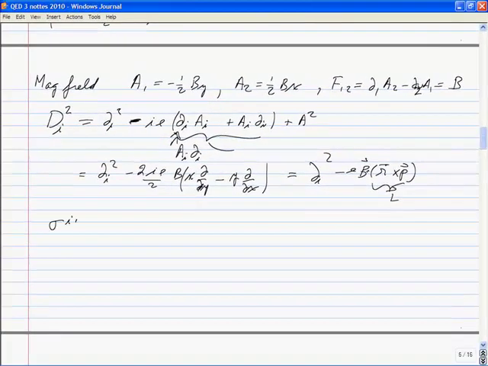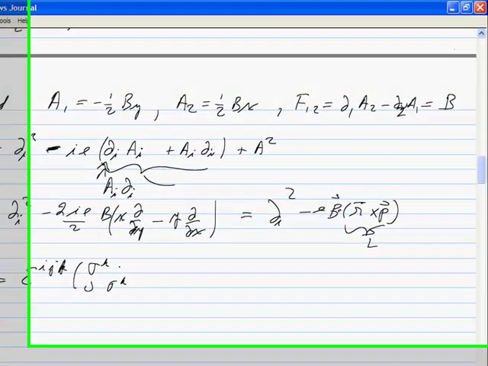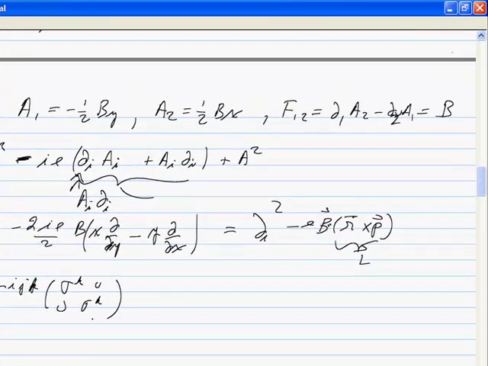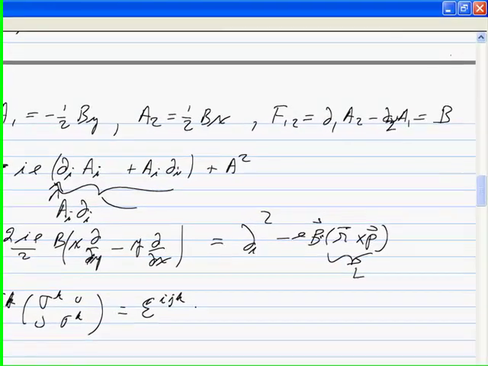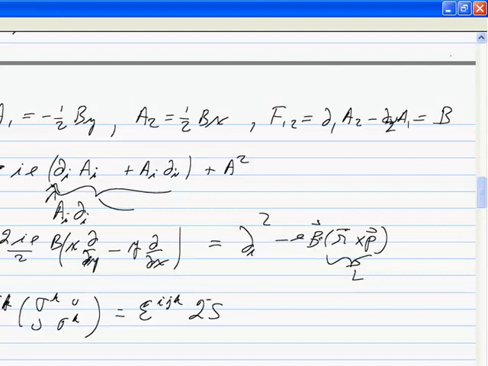If I look at sigma ij, well, I won't calculate it. It's epsilon ijk sigma k, which is epsilon ijk times 2 times the spin operator, kth component.